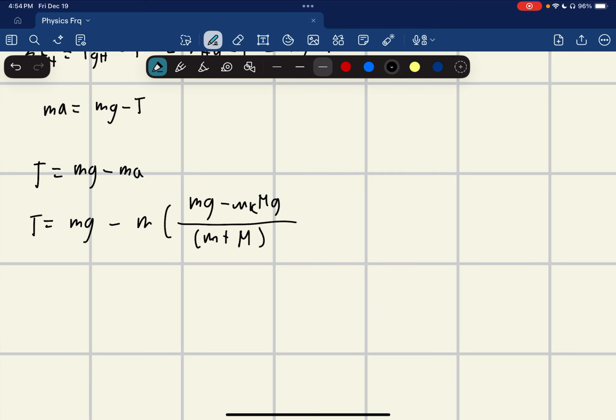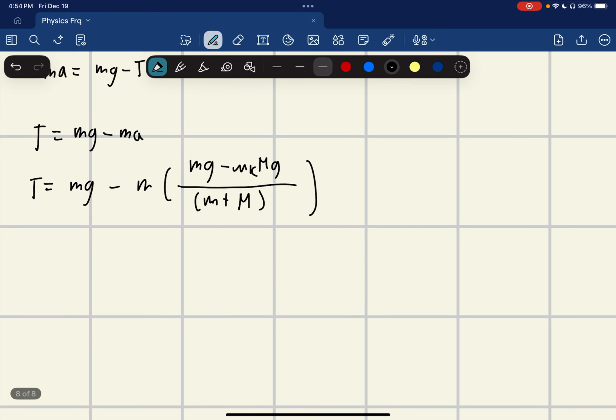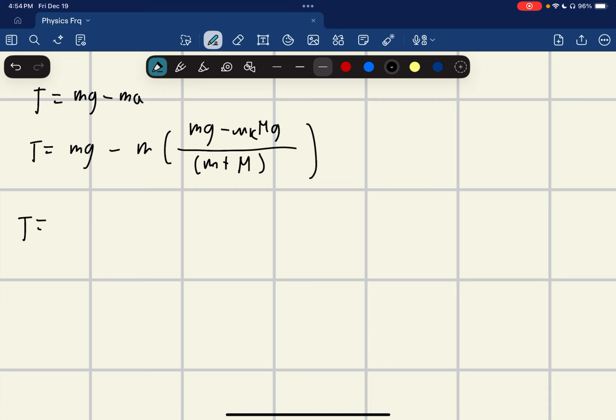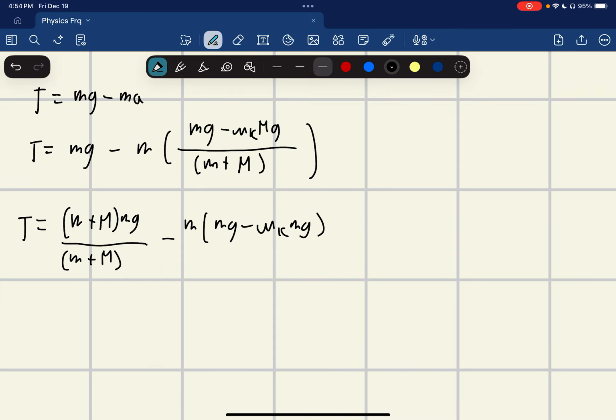And then here I would make it where both terms on the right side will have a common denominator. So I'll multiply mg by (m + M) all over (m + M). So it'll be (m + M) times mg divided by (m + M), minus m times (mg minus μk Mg) all over (m + M).